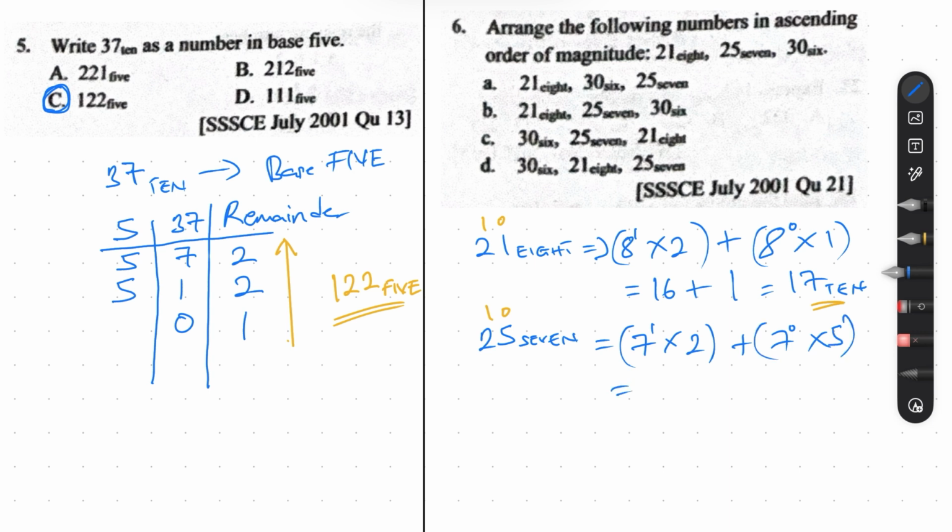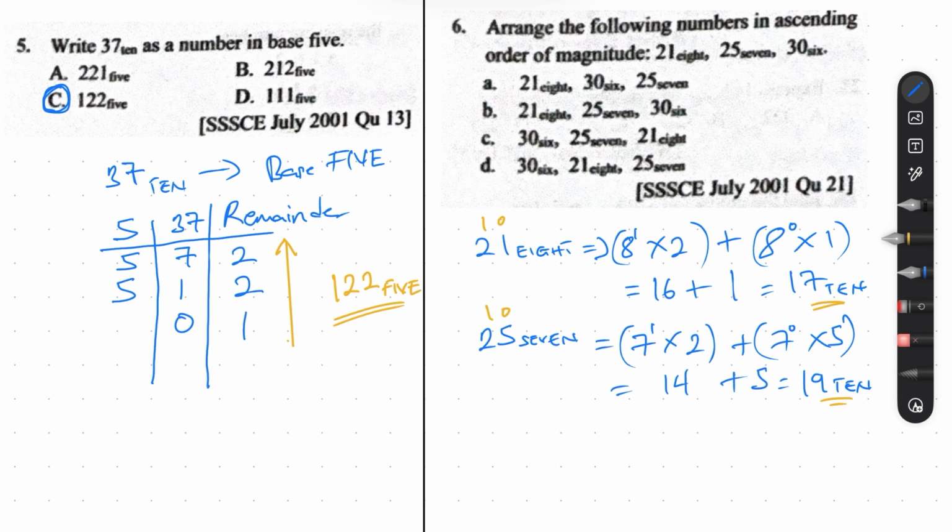So what's the solution? Now this 7 to the power of 1 is what? 7 times 2, which is 14, right? So we have 14 plus 7 to the power of 0 is what? 1 times 5, which is 5. So plus 5, which is what? 19 base 10. Cool. So let's hold this for now.